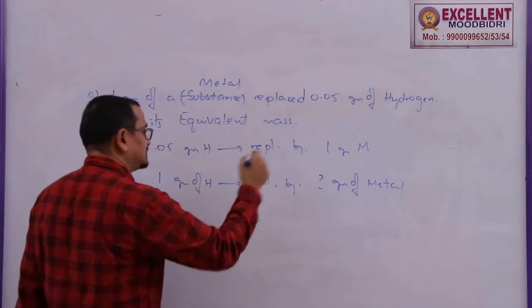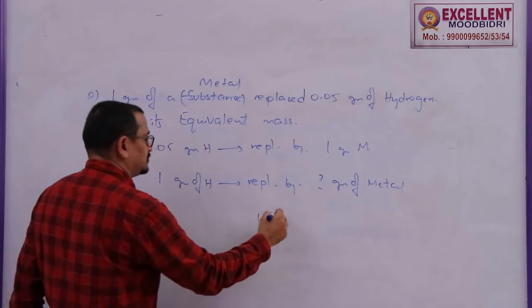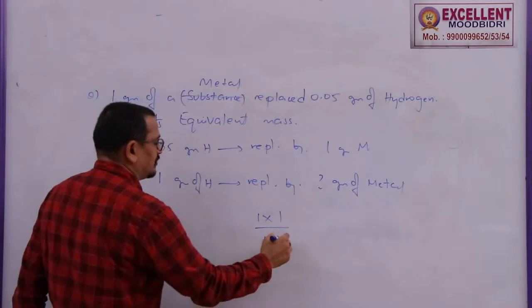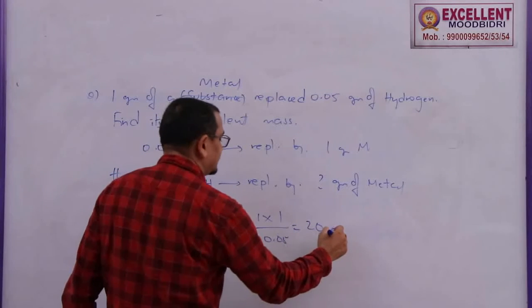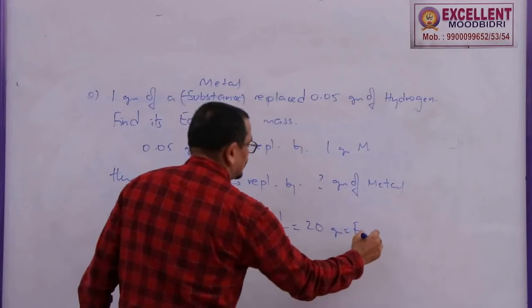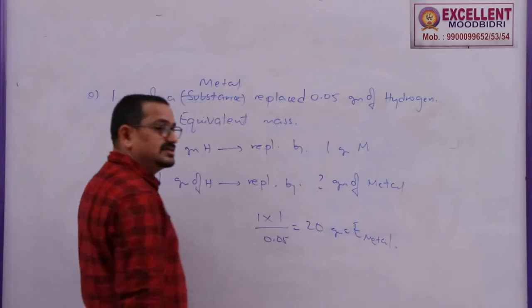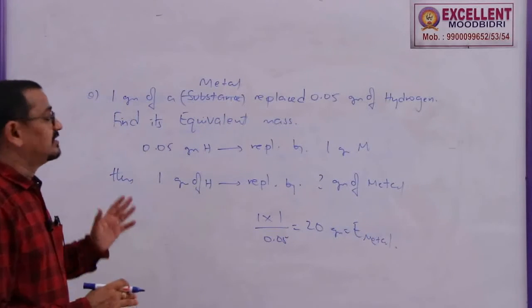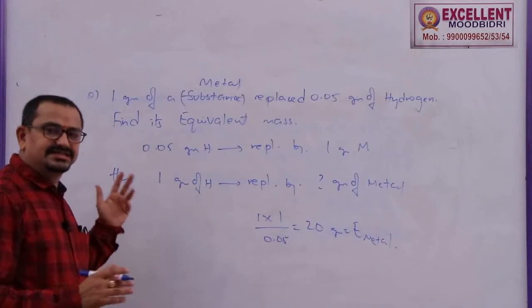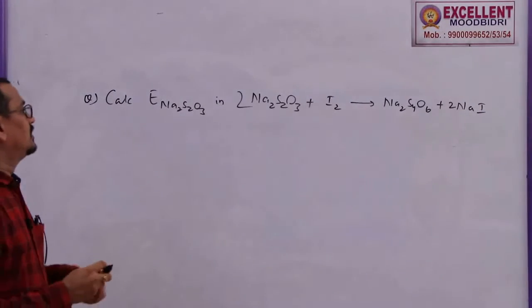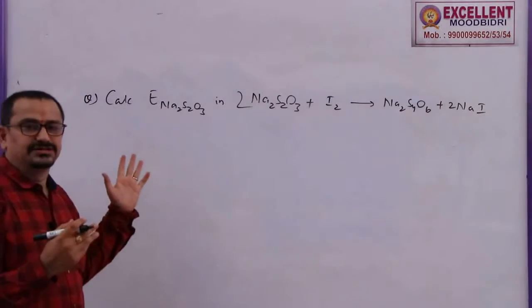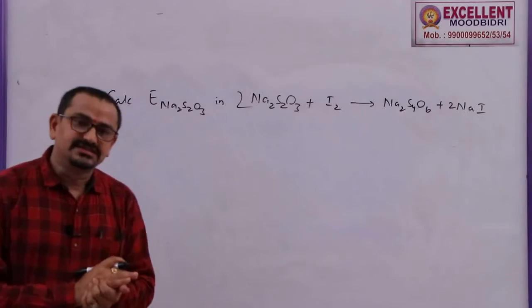So you have to use the crisscross method. 1 into 1 by 0.05. So it is 1 by 20, which means 20 grams is the equivalent mass of the metal. So in this way, sometimes we may be asked an equivalent mass question. So this is another model of question in the equivalent mass concept.